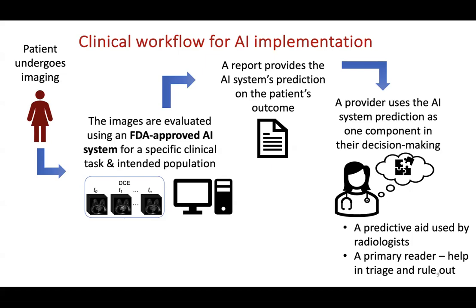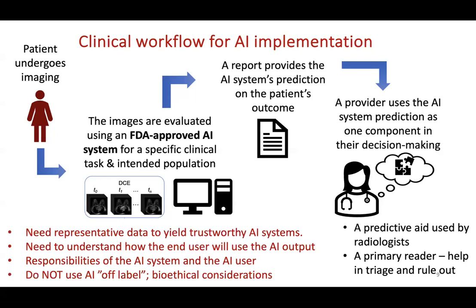Or they can use it as rule out, whereas in breast cancer screening, where most cases are normal, if the computer could say these 20% are clearly normal, then a patient could wait till the following year to get their screening mammogram without a radiologist reading it. So we're moving towards that part, partial primary.